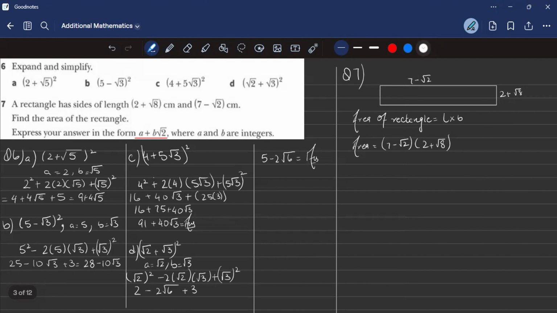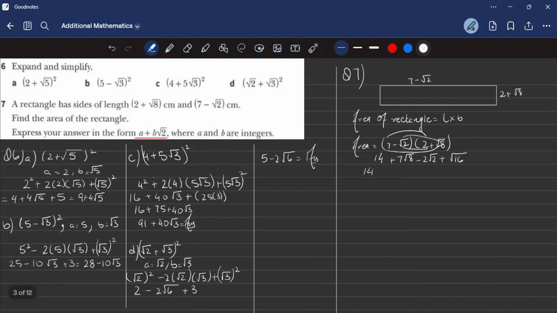Okay, so we have got this. Again, the FOIL method is going to be used first. First of both: 7 twos are 14. Outer: plus 7 under root 8. Inner: minus 2 under root 2. And the last: 8 twos are 16, plus under root 16.